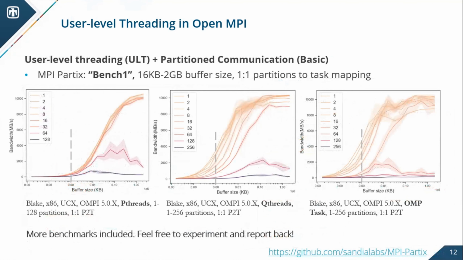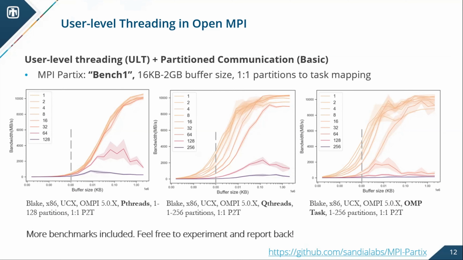We have tested MPI Partix with different benchmarks that are included. Even though these are results that deserve a discussion of partitioned communication, I will not discuss that right now. What you can see here is the cost of the creation of concurrent or parallel work. On the left-hand side, I'm showing the achieved bandwidth over different buffer sizes where the backend in Partix uses pthreads.